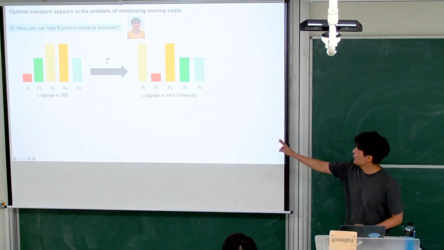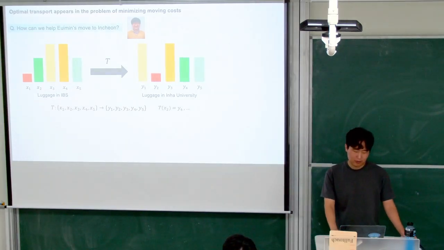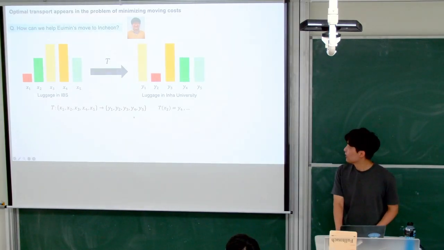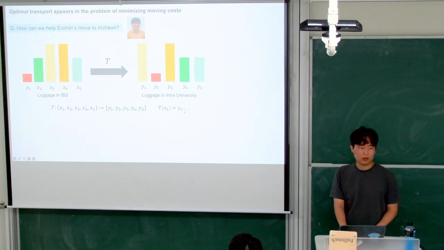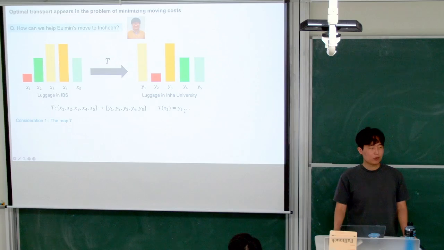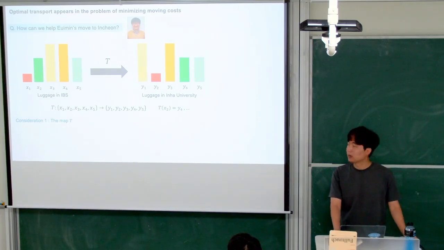But if the colors are slightly changed, we can set a different function. I mean, the configurations are the same, but the function is slightly different. Here, T of x2 is y4. So, in order to transport in an optimal way, we have to first consider the map T.